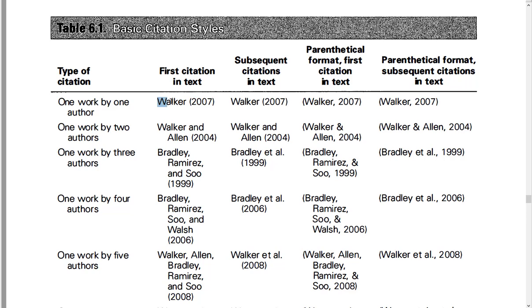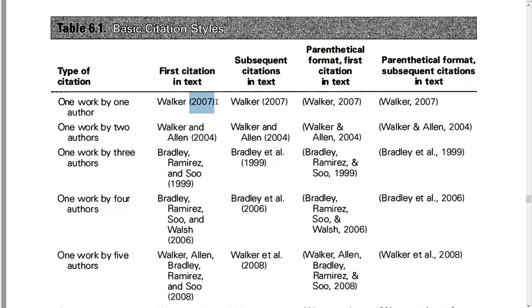And so this is it. You'll have their last name. Notice in APA style, for the most part, we only use last names. We do not use initials, and we do not use their first names in the text. It's always their last name with the year of the publication. So in this case, for the first two, the first citation is just going to be Walker, and it has in parentheses 2007.